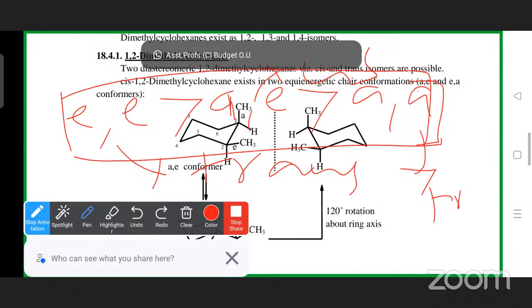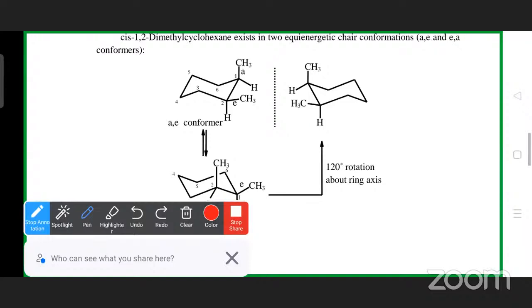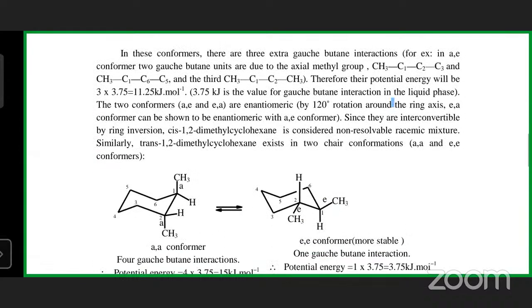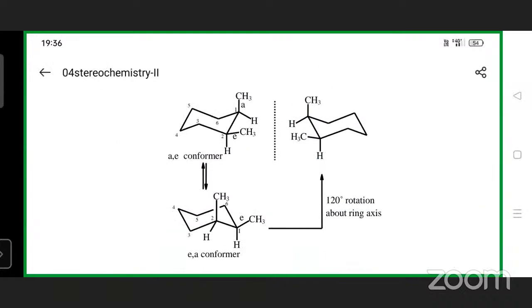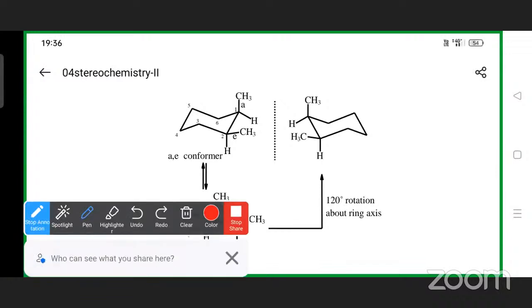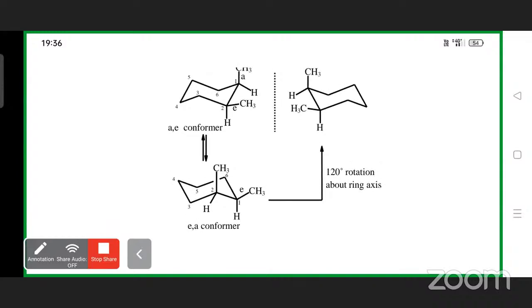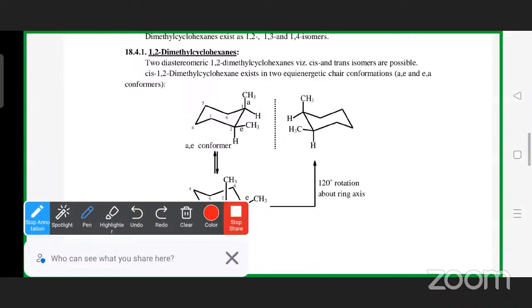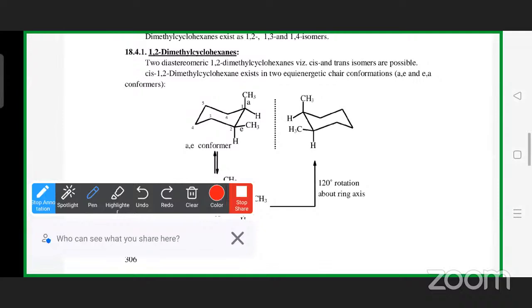So now you see here in this particular dimethyl, right?